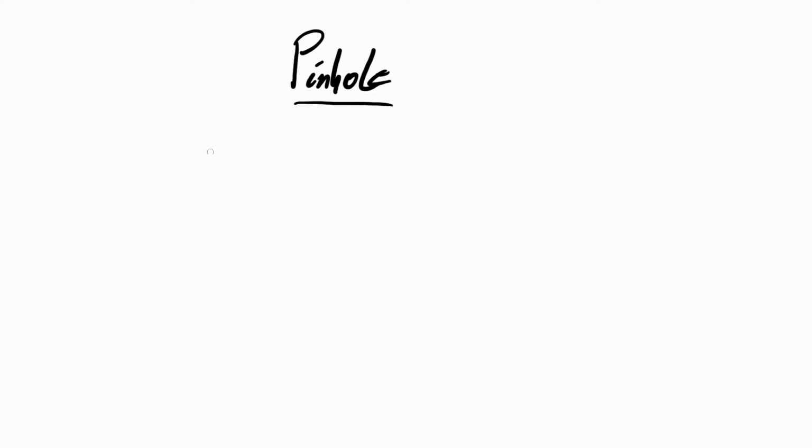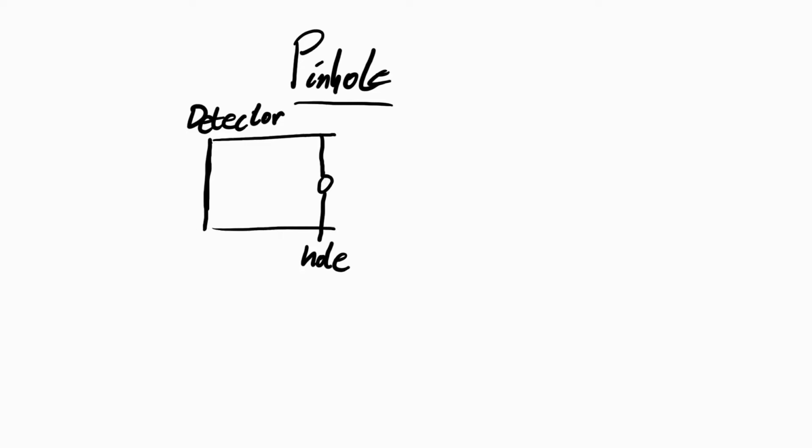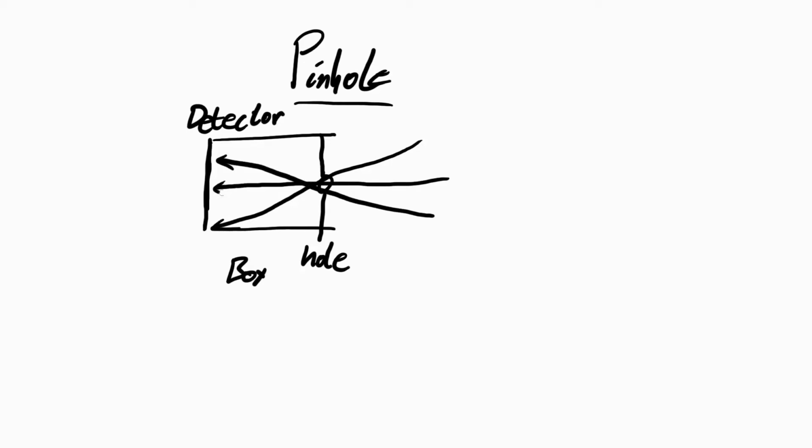So, the idea is we have some sort of detector, and then we have a screen with a tiny little hole in. And this is all in a box. So rays of light can only enter through this hole. Any light ray coming in goes through this little hole.